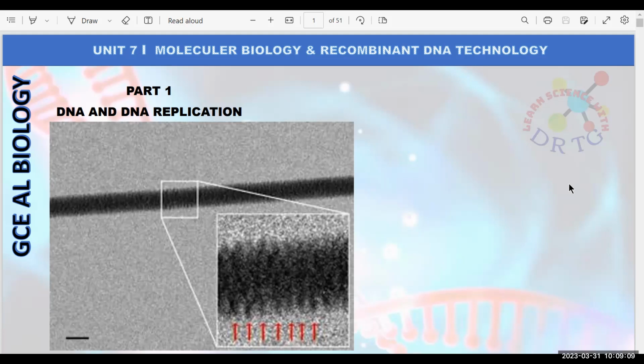Now what you see here is an electron microscope picture of the DNA molecule. The most important thing, we should have a very clear idea about the DNA molecule: how exactly the DNA molecule is formed and what is the structure of the DNA molecule.